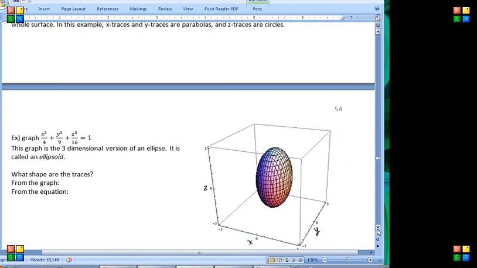Okay. So let's talk about what the traces are. So x traces, y traces, z traces. An x trace means you're taking x to be constant.